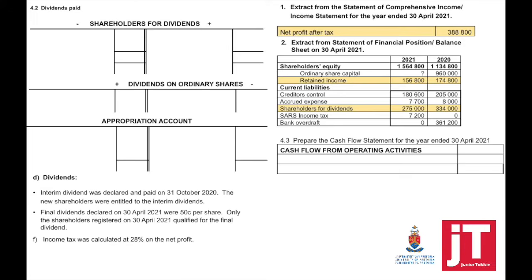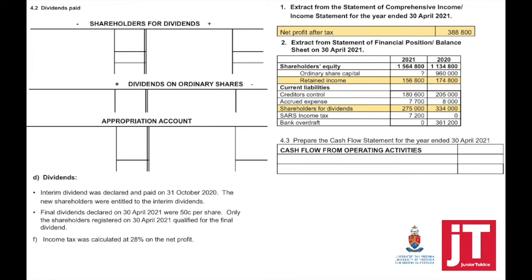So now my suggestion is open T accounts, fill in the information which you've got, and find the missing figures. In this question, I needed to use the appropriation account to find what is the total dividends on ordinary shares.